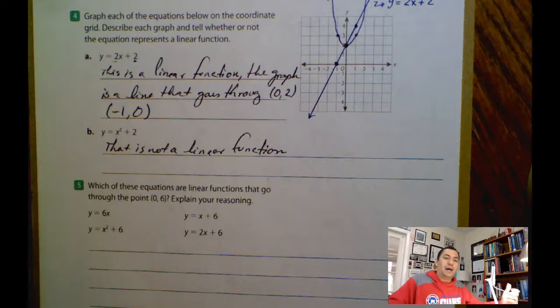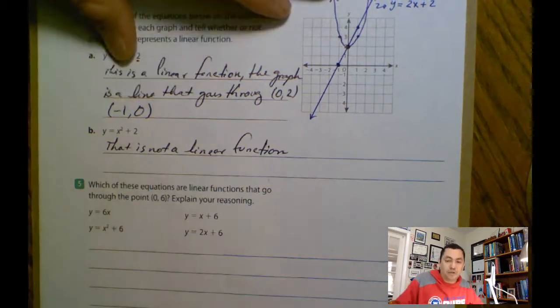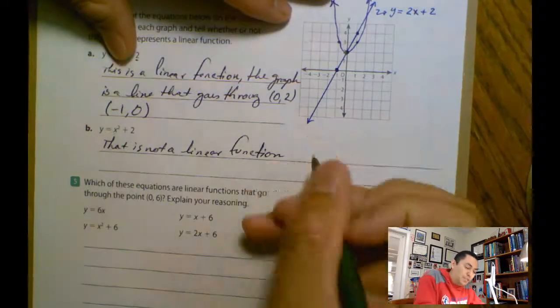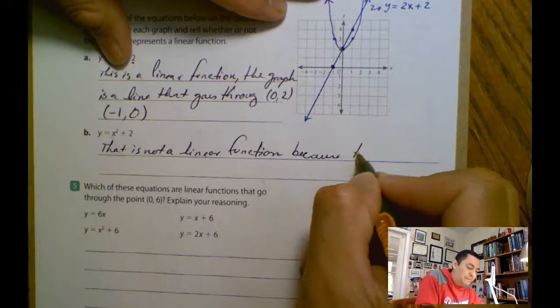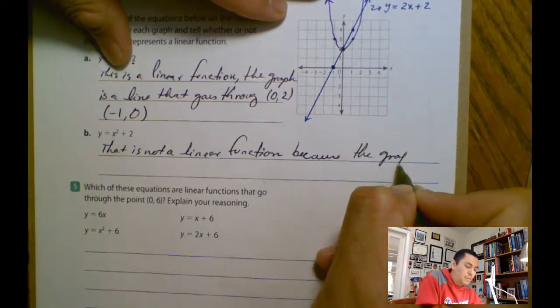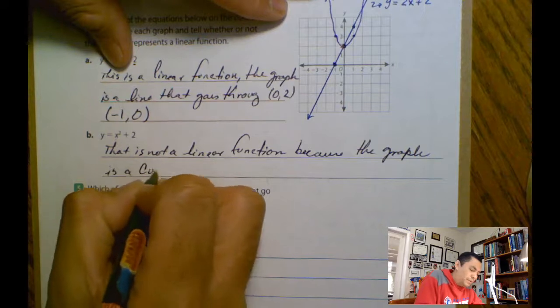Okay. So we have y equals x squared is not a linear function because the graph is a curve.